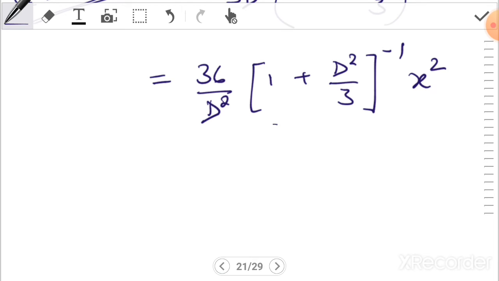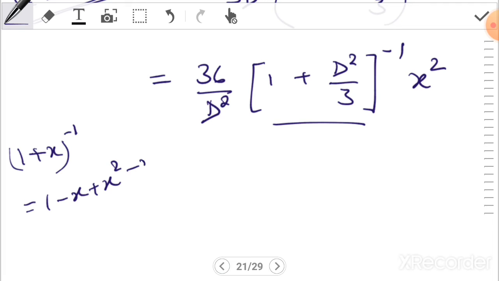Now expand this. So we know that expansion of 1 plus x power minus 1 is 1 minus x plus x square minus x cube and so on, right?